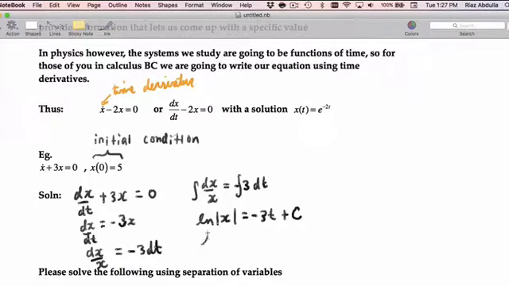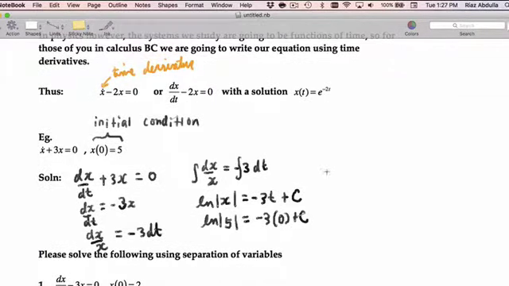So the natural log of x, which at 0 is 5, equals negative 3 times 0 plus c. So I know that natural log of 5 equals c.